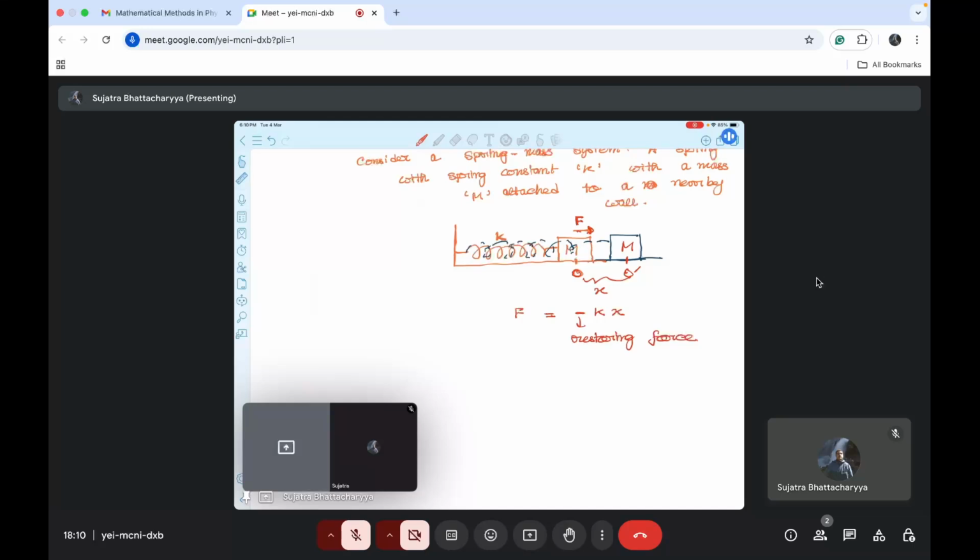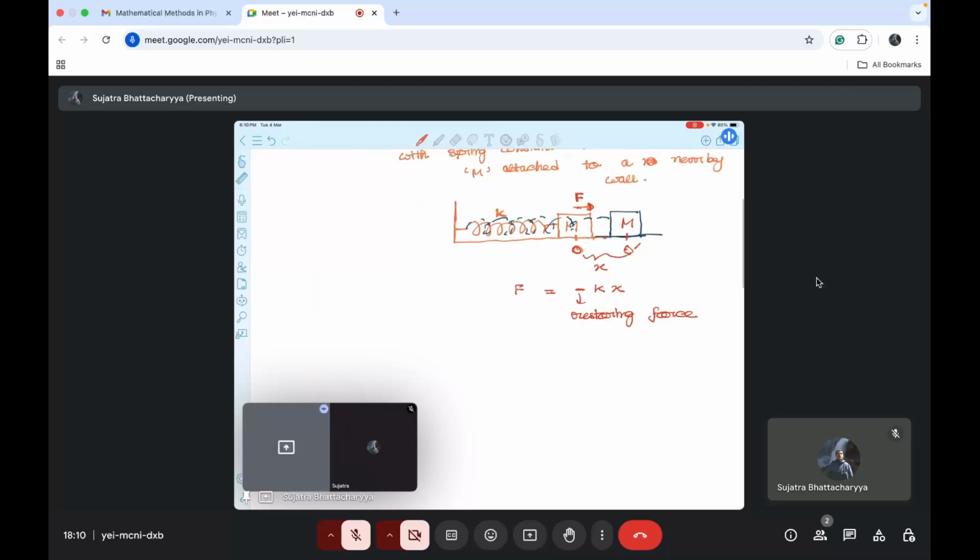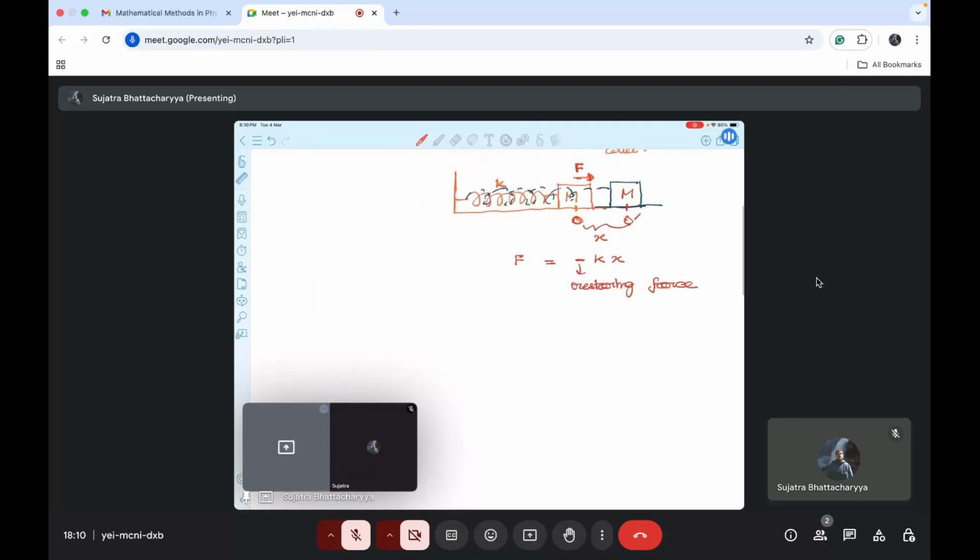Okay, so this is what your spring mass system consists of, and this is what your force represents. So how do we write the force? We know that force is nothing but mass times acceleration. And can I write the acceleration as d2x/dt2? Yes, we can, because x is the displacement and we are taking the double derivative of the displacement to calculate the acceleration. And that will be equal to minus k times x.